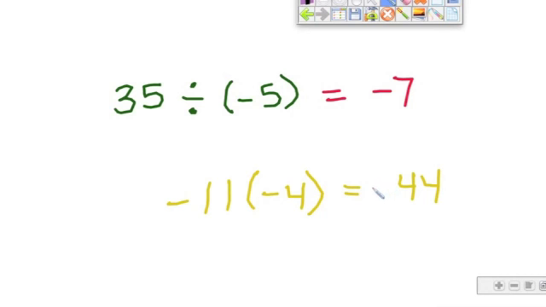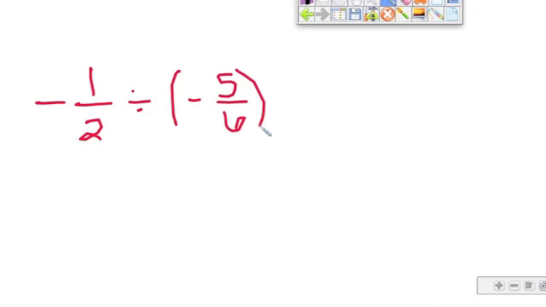When you're dividing fractions, you always want to make sure that you take the reciprocal, or the flipped fraction. So if we have something like this, we need to flip the fraction upside down so we can complete the operation. So if I had 1/2 divided by negative 5/6, at this point, if you want, you can just drop the parentheses.